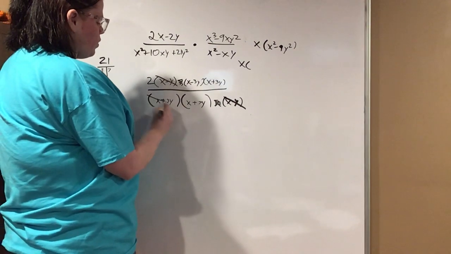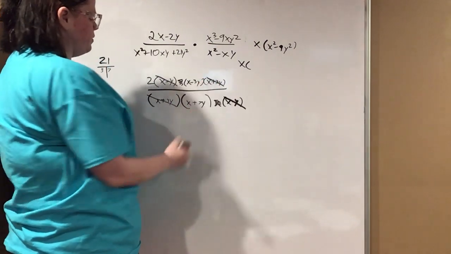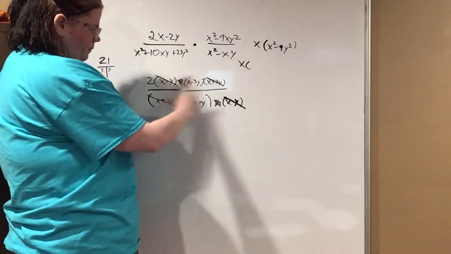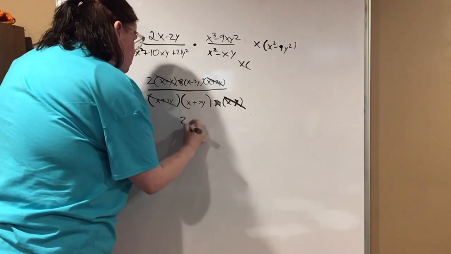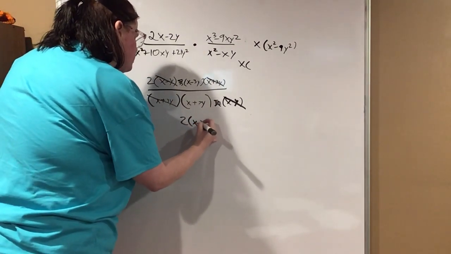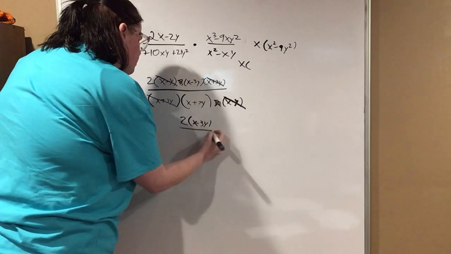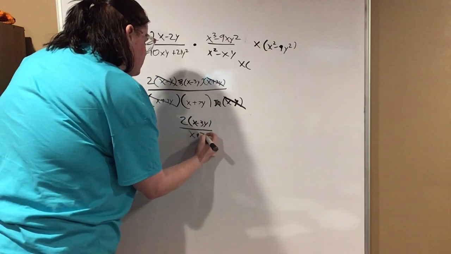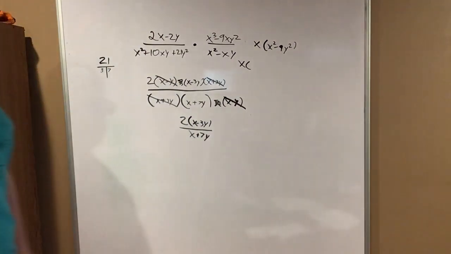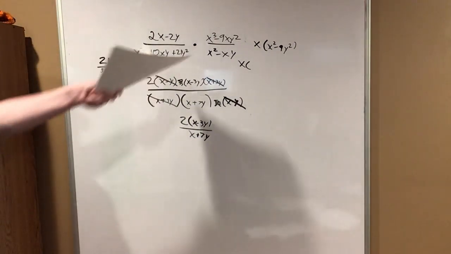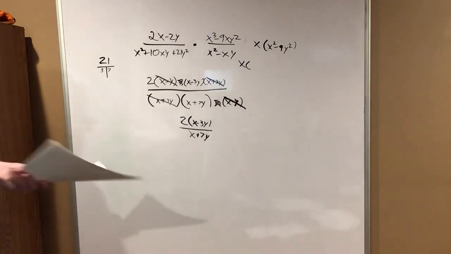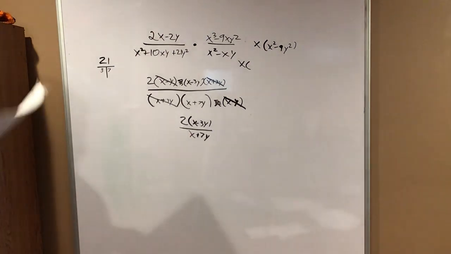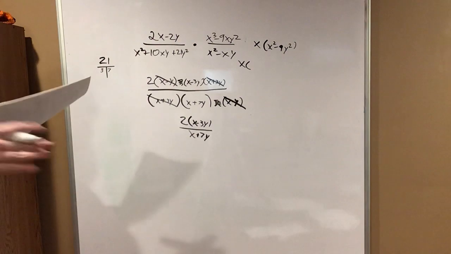And I have an x plus 3y. So now what I'm left with is 2x minus 3y over x plus 7y. So this whole thing actually becomes that. That is dividing. Multiplying and dividing, exact same thing. You're just copy dot flipping when you are dividing.